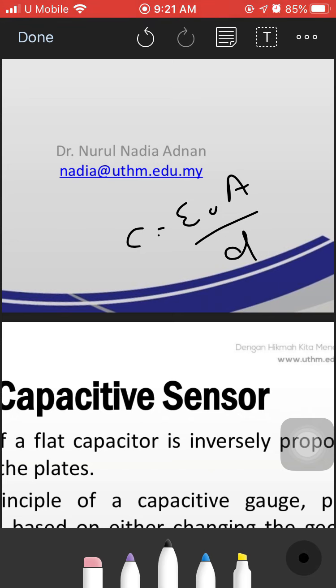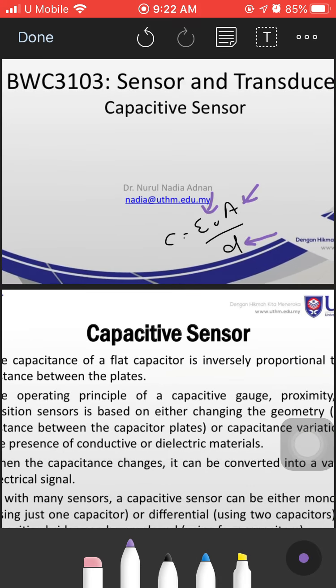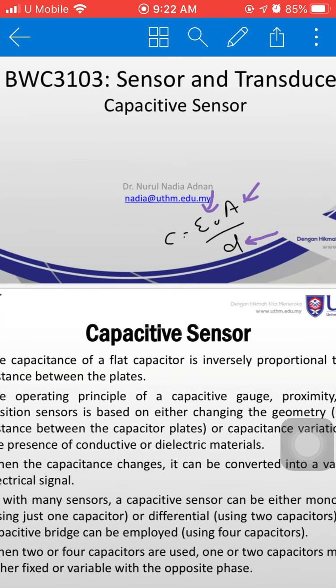D is the distance between the plates, A is the area, and epsilon is the value of the dielectric material. From the equation we know that the capacitance is inversely proportional to the distance between plates and directly proportional to the area.